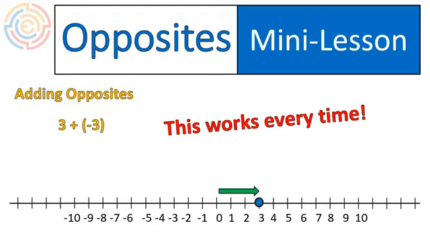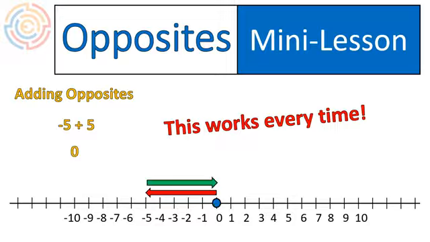I start at 0, I go up to 3, I add negative 3, it brings me back to 0. Now let's start with the negative this time, just to change things up a bit. If I go negative 5, and then I add 5, I will end up back at 0. It works every single time. When you add opposites, you get 0.